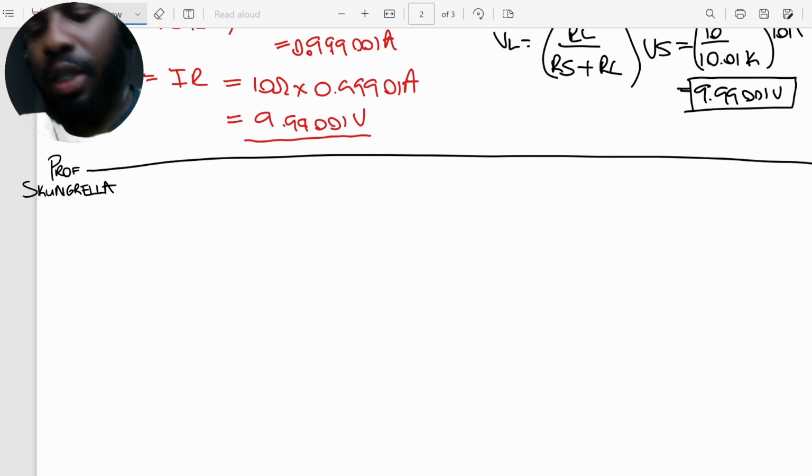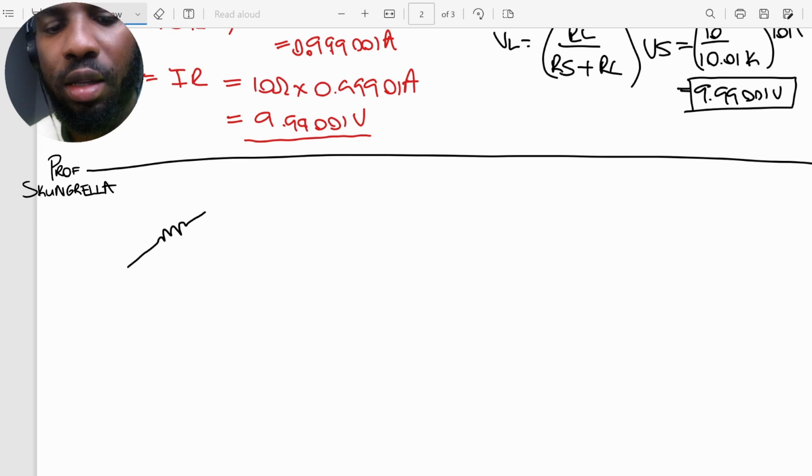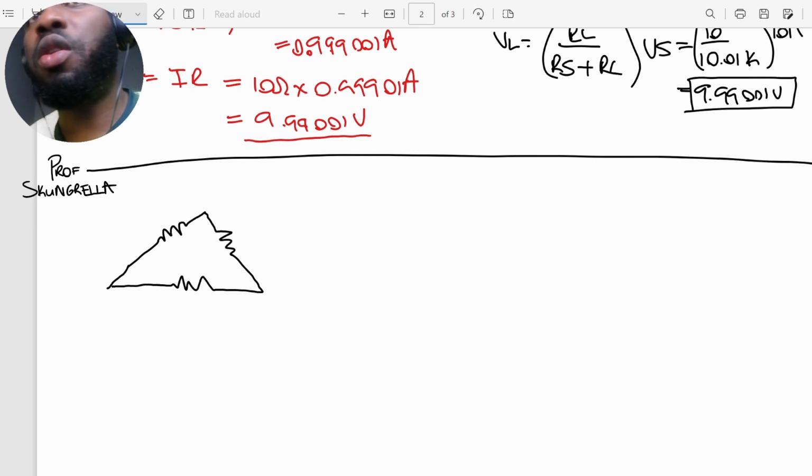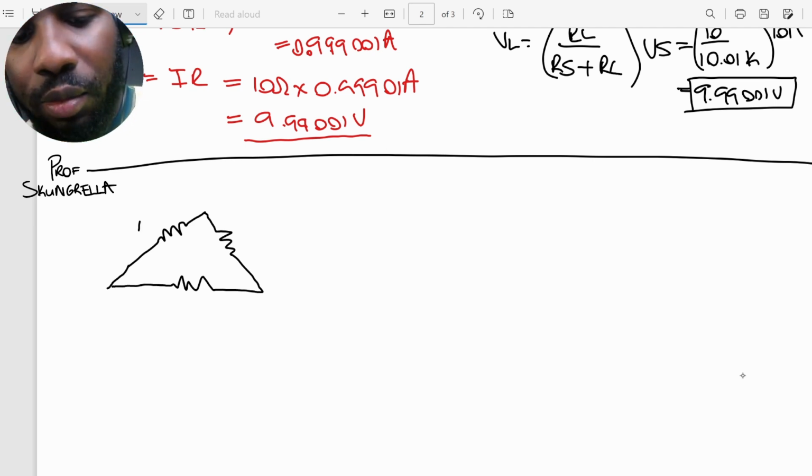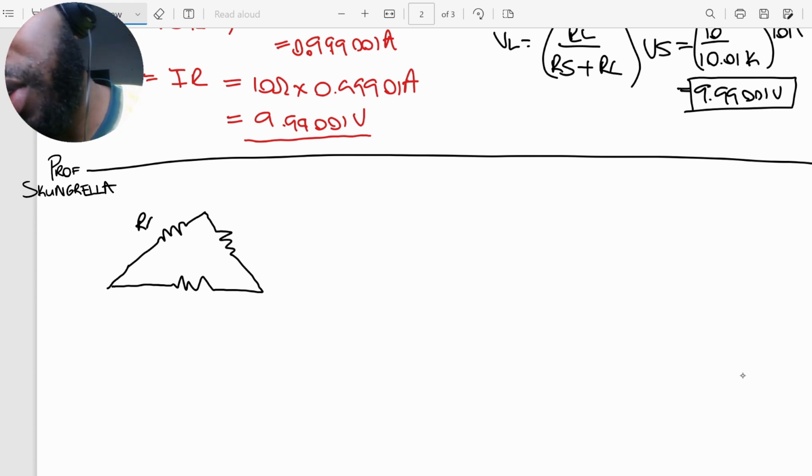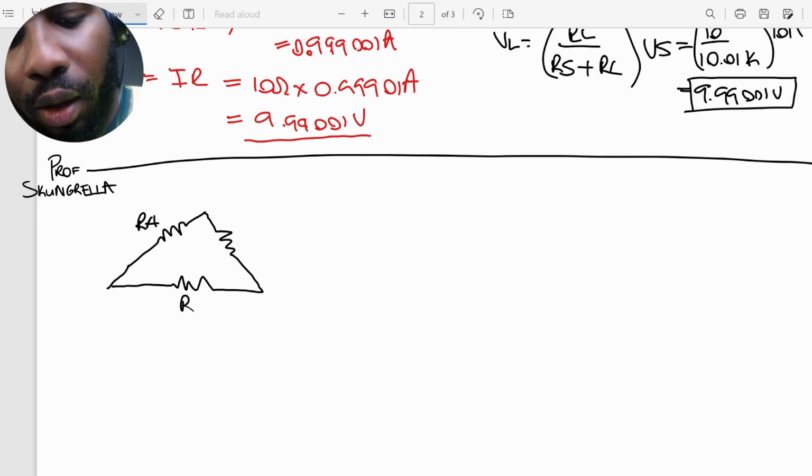So a delta is where we have three resistors connected together, and you cannot really definitely say that they're in series or they're in parallel. So you may need to convert them to be able to solve the circuit. Let's call this one RA, RB, RC, and they are connected at one point here, another point here, and another point here.